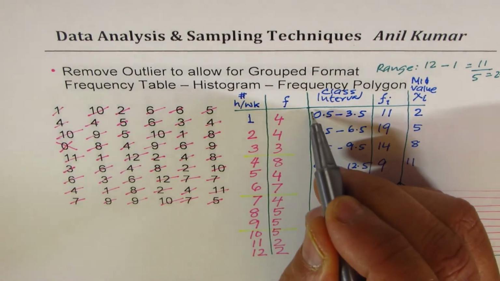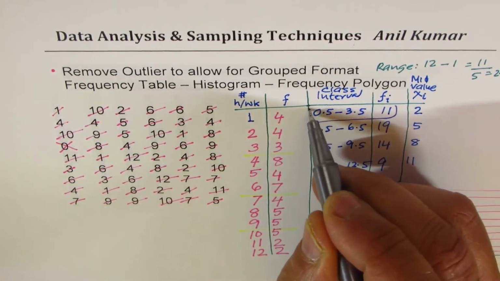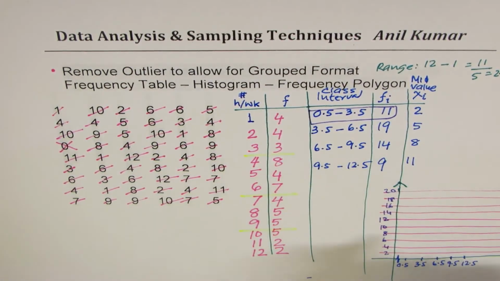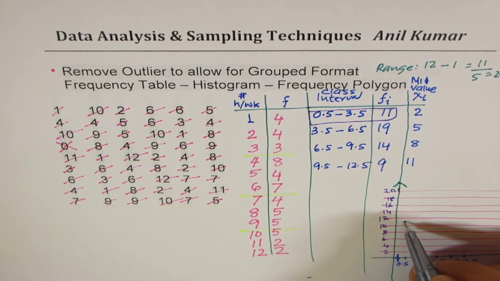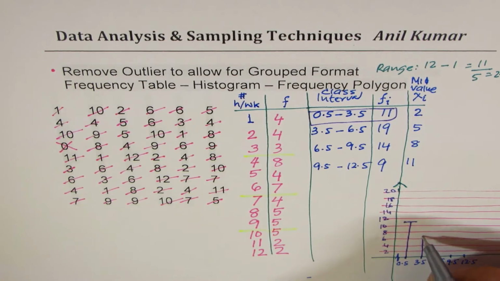So for each group, we are looking now at these two columns. So we have 11, that is between 10 and 12. Correct? So now we can make these vertical lines for the bars. There it goes.